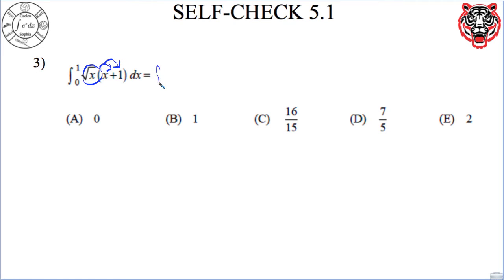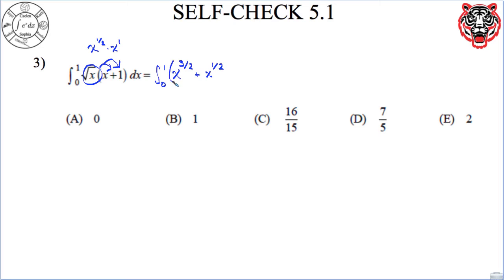So I still have my integral from 0 to 1, and if I distribute square root of x times x, and remember, that's x to the 1/2, and you're multiplying that by x to the 1. When you have same bases, you add the exponents. 1 plus 1/2 is 3/2, so I have x to the 3/2 plus x to the 1/2.